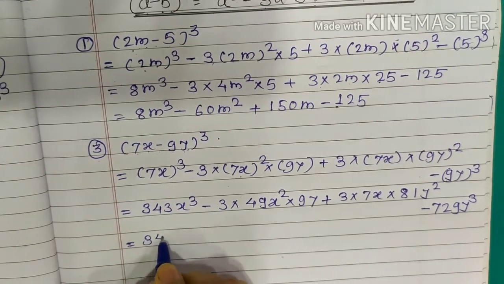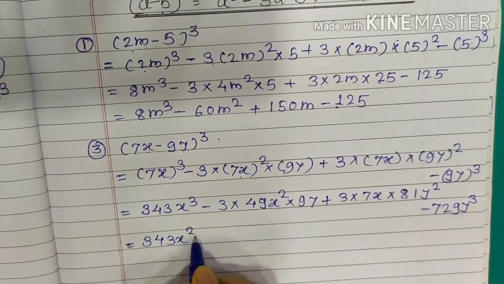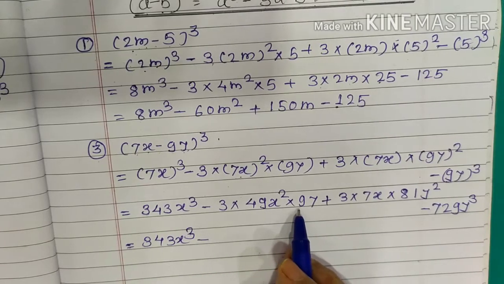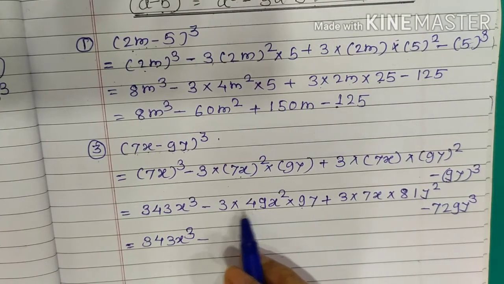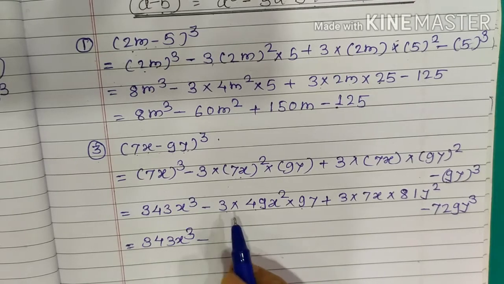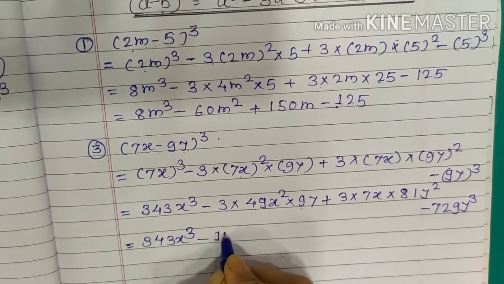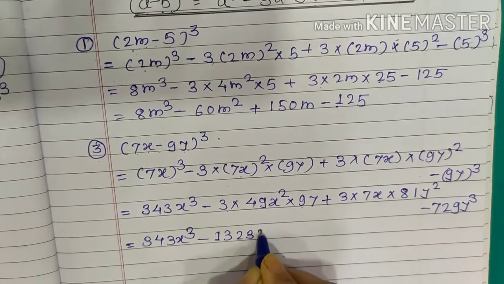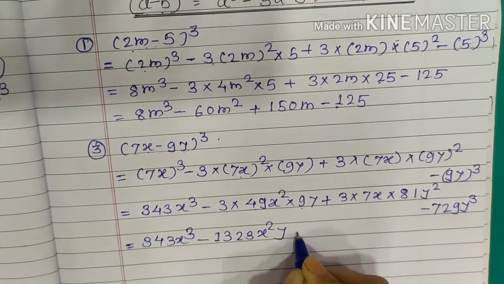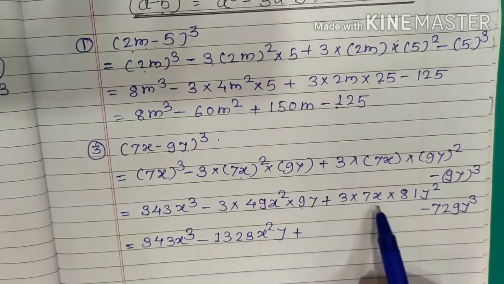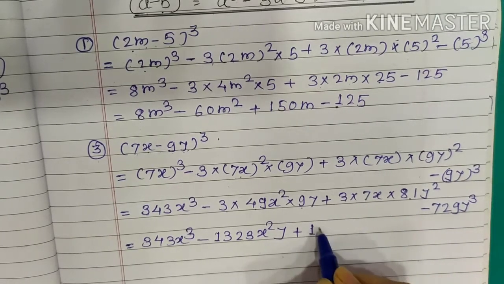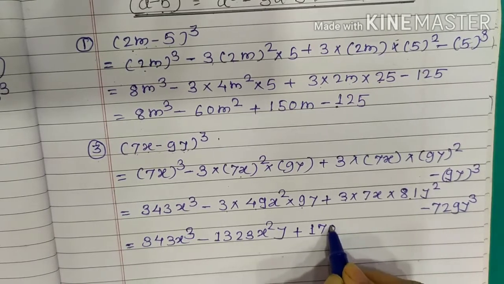So 343x cube minus multiplication of these, that is 9, 49 and 3, equal to 1323x square y, plus multiplication of these 81, 7 and 3, 1701.